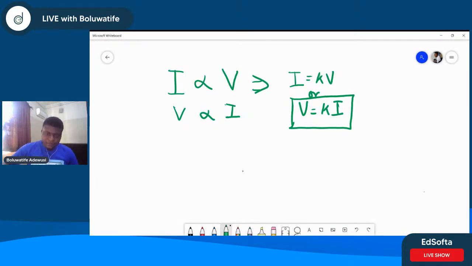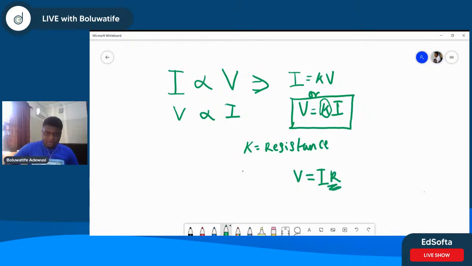But now, these are constants. This constant is now assigned to be the resistance. So K is our resistance. If K is our resistance, then we have a new formula, which is V equals IR.